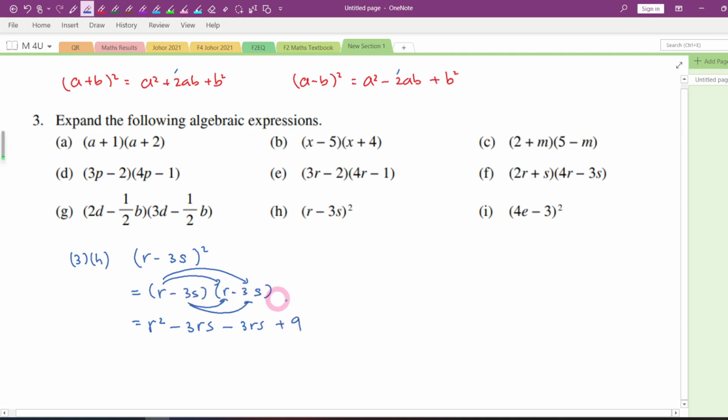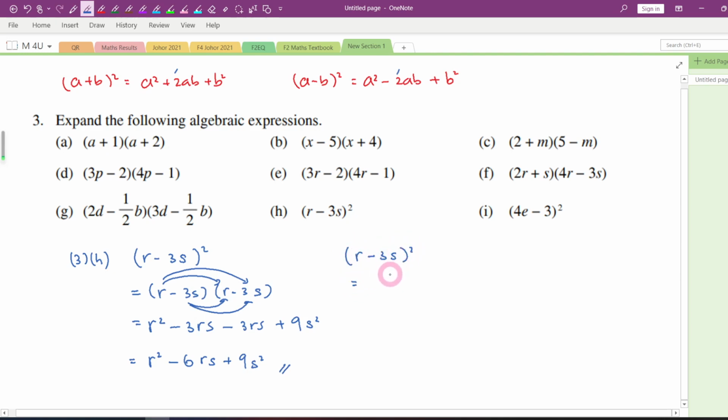So s times s, you will get s squared. So these two are like terms, rs, so we can add them up together. It will become minus 6rs plus 9s squared. So if you use the formula, it will be faster.